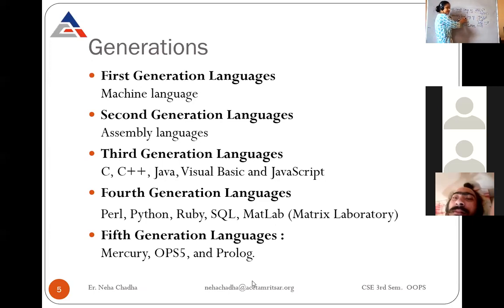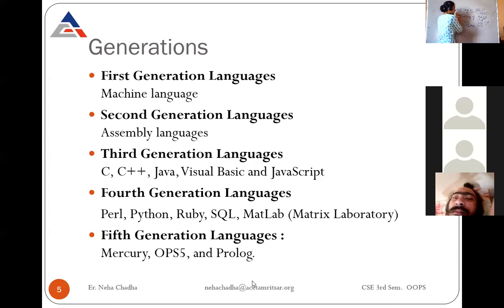Assembly level language is converted into machine level language. When we write our program in assembly level language, the computer is not able to understand the assembly level language as well. It has to be converted into machine level language for better understanding.